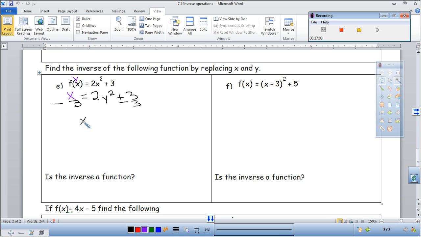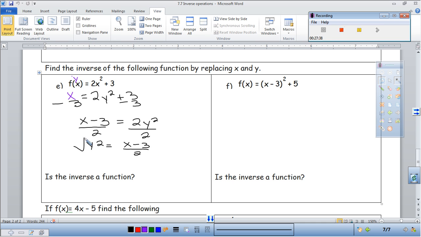I'm going to get x minus 3 equals 2y squared. I'm going to divide by 2, divide by 2, and I'm going to get y squared equals x minus 3 over 2.